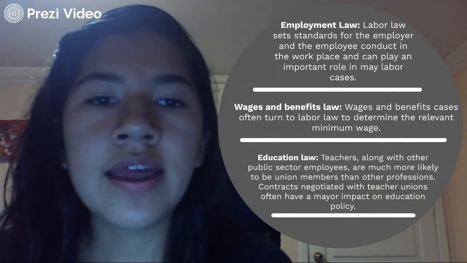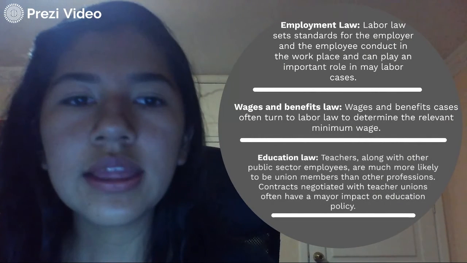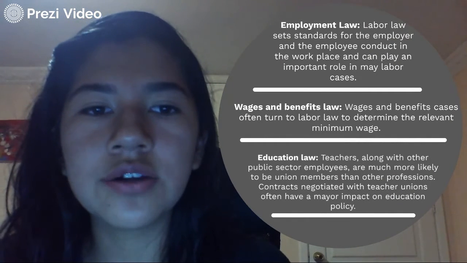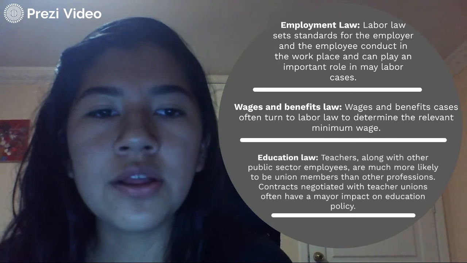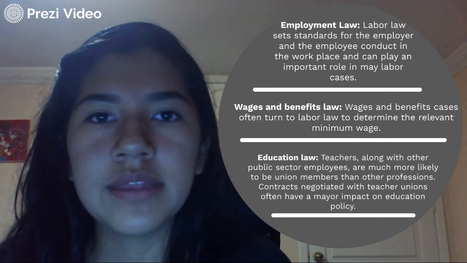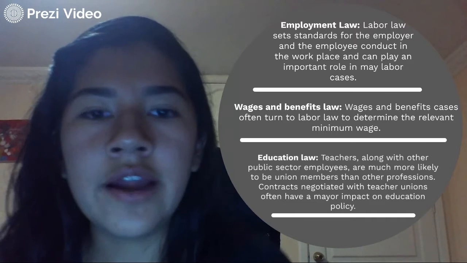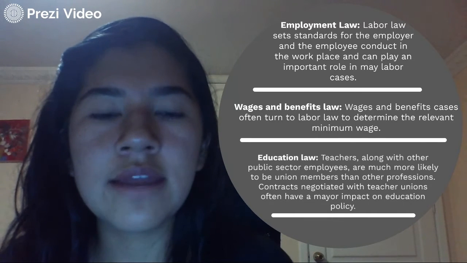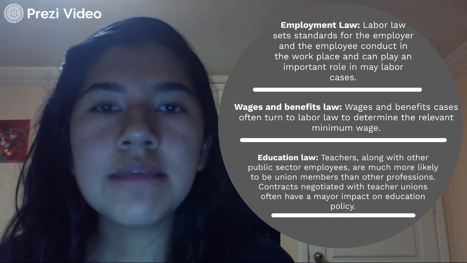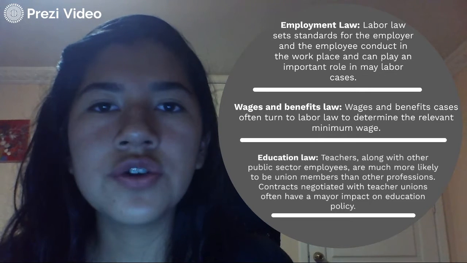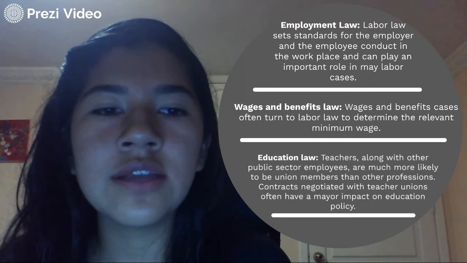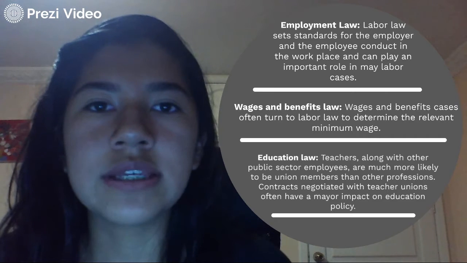The related areas. First, we can have employment law. The labor law sets standards for the employer and the employee conduct in the workplace. The second related area is wages and benefits law. Wages and benefits cases often turn to labor law to determine the relevant minimum wage.